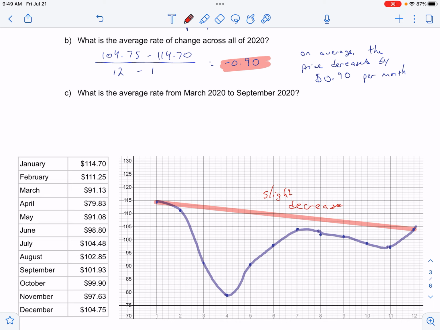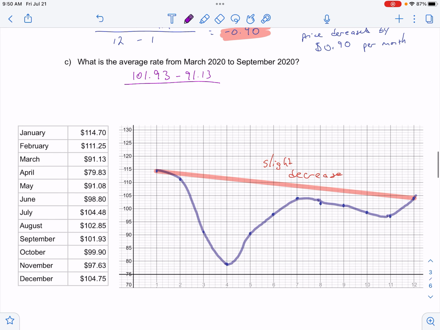The next question, what is the average rate from March 2020 to September 2020? Okay, let's do this one in purple. March 2020 to September 2020. So September 2020 was 101.93. And then March was 91.13, divided by, September is the 9th month.